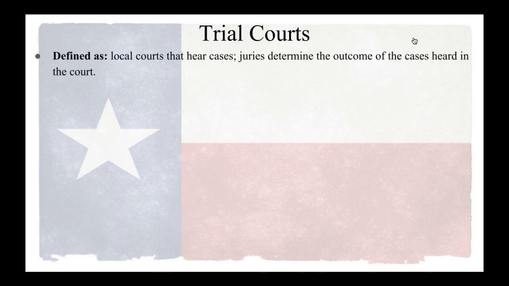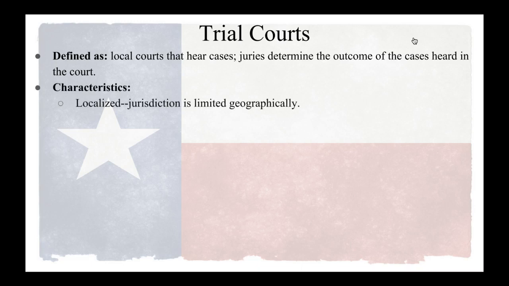As I said, trial courts are defined as local courts that hear cases. Juries typically determine the outcome of cases heard in these courts. The characteristics of trial courts are that they are localized. Their jurisdiction is very limited geographically, so there's a specific area that these courts deal with.